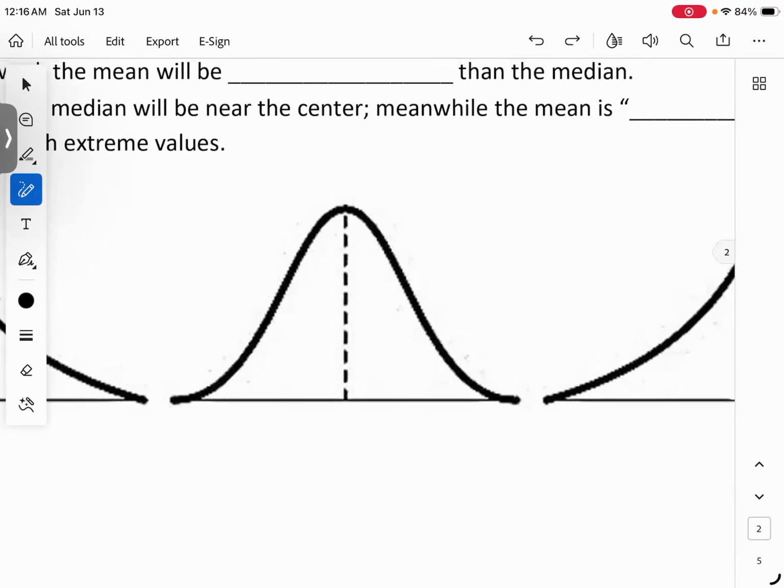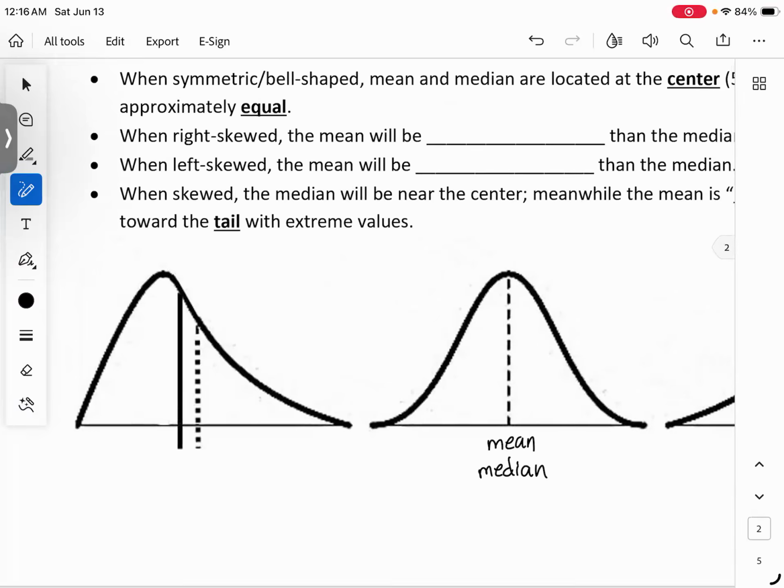And these are the easy ones because these are where your mean and your median are going to be the same, or at least very close to being the same, and at the middle. Your skewed right, these are where they're not going to be the same because your mean is going to be greater than the median.